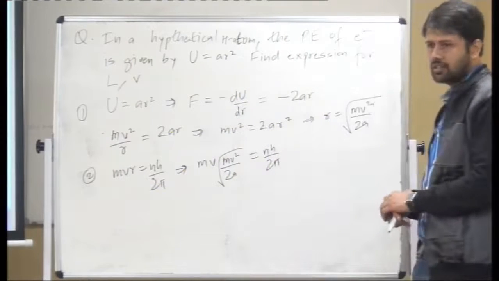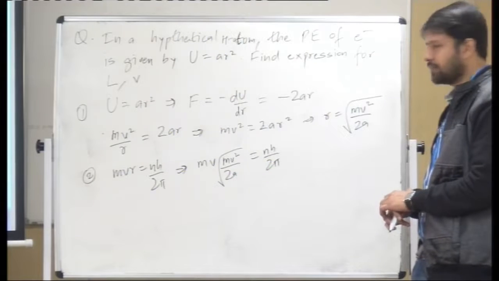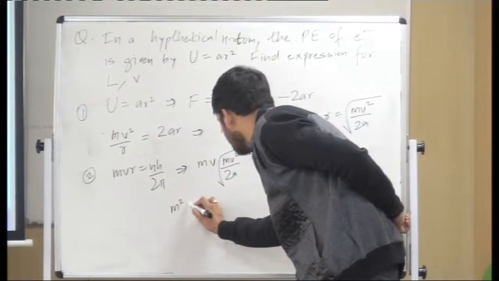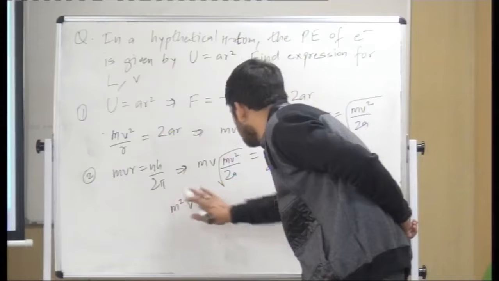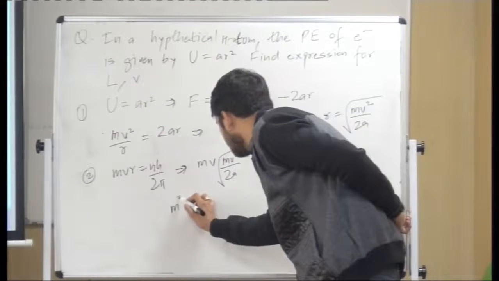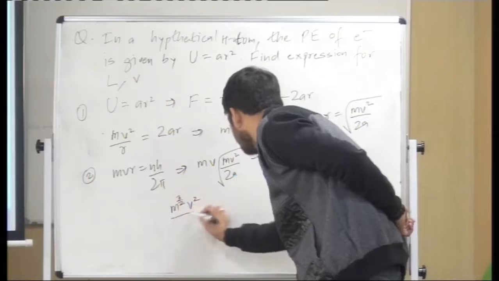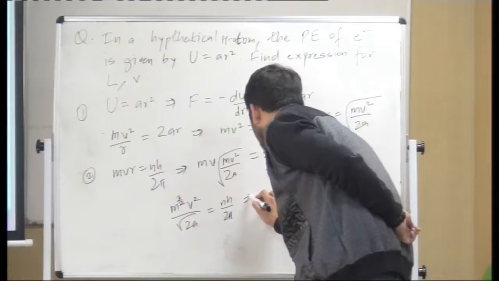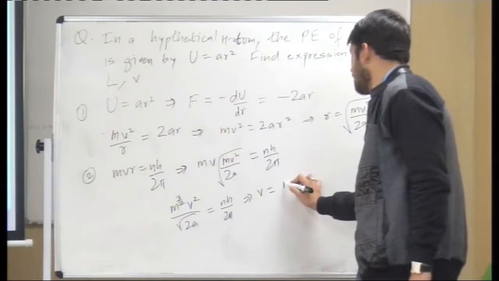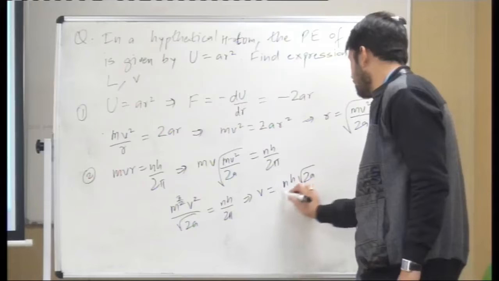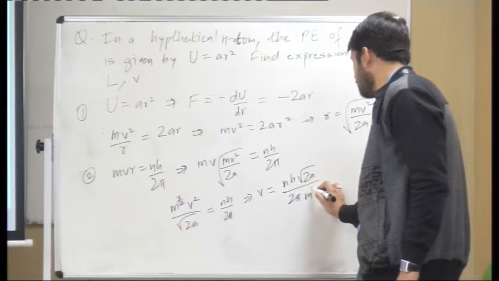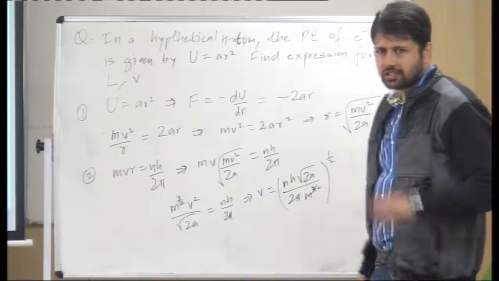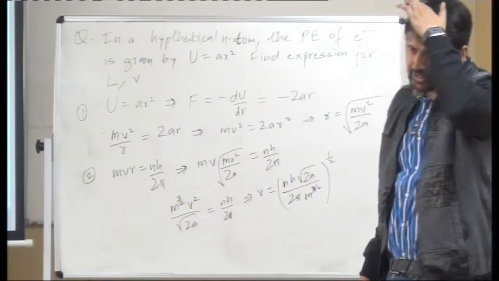Okay, right? The expression for angular momentum basically remains same, right? So this would be m raised to power 3 by 2 while v square upon root 2a is nh upon 2 pi. So v would be how much? nh root 2a by 2 pi m raised to power 3 by 2 and whole of this power half. Velocity would be this. Okay, the angular momentum would be again nh upon 2 pi.